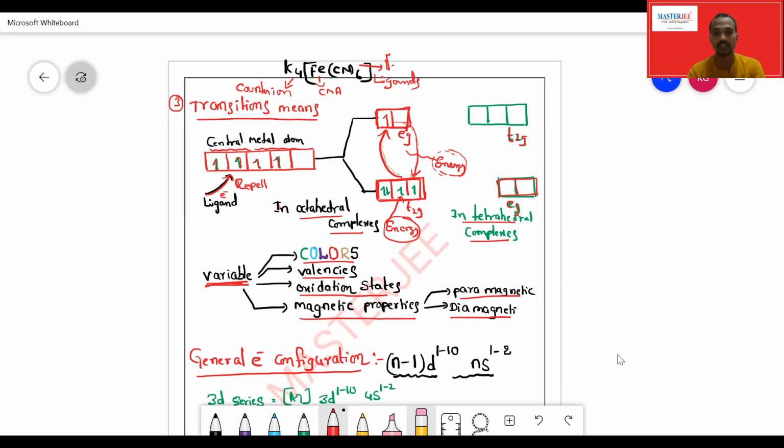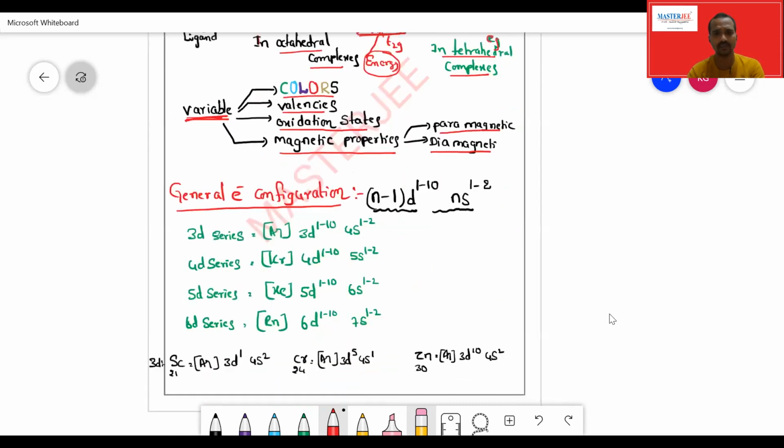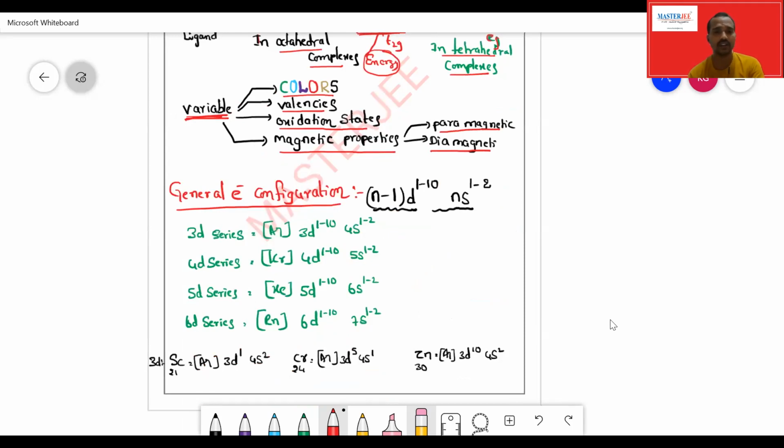Okay, next, you have to see the general electronic configuration. What is the general electronic configuration of these d block elements? (n-1)d1 to 10, ns1 to 2. This is its general electronic configuration.